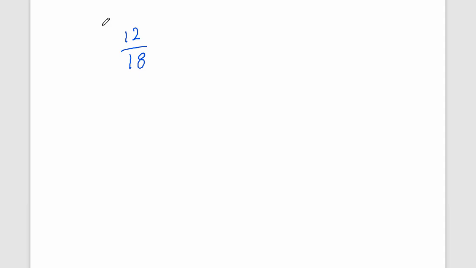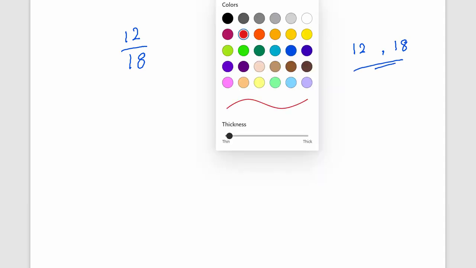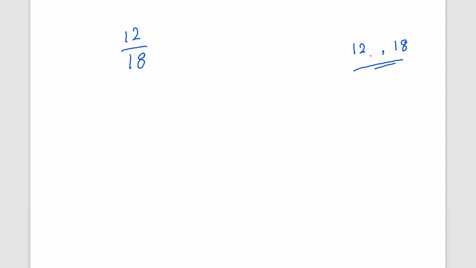Yes, Mr. I want you to help me to find the common factors of 12 and 18. To start, we need to think first of the smaller number, 12. Can we divide 18 by 12? No. So 12 is not a common factor.